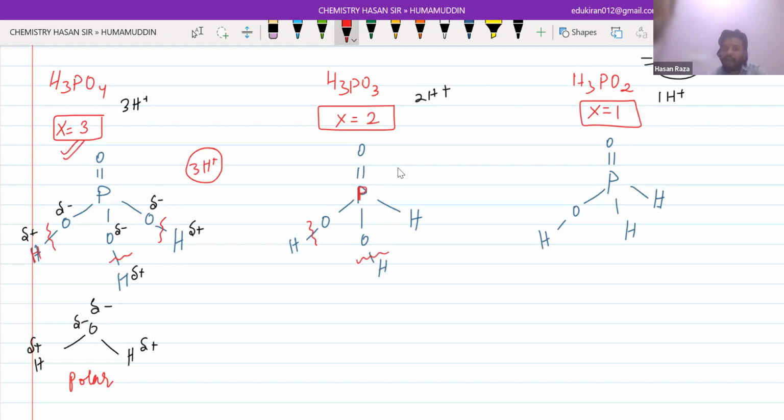That's why it doesn't dissociate and it will give you only 2H plus, and hence the value of X will be equal to 2. Again, you can see this will be broken, but this cannot be broken easily because the polarity in this bond is not that much. That's why it gives only one H plus. That's why the value of X is 1.